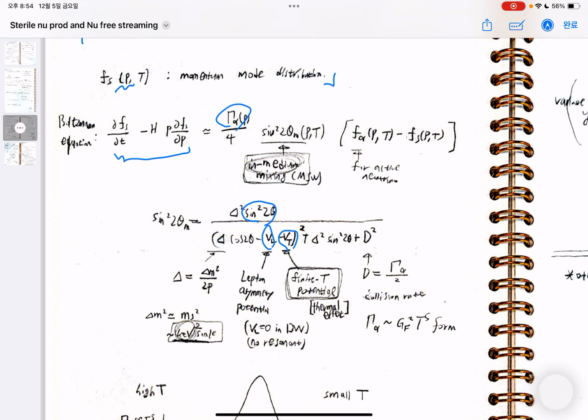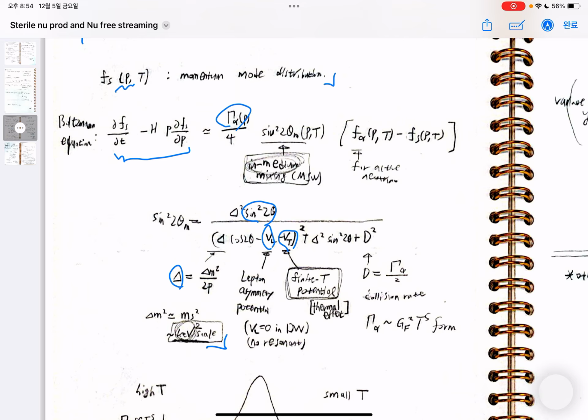But in the Dodelson-Widrow mechanism, the lepton asymmetry potential is just taken to be 0, so there's no resonance effect here. And delta is the mass-squared difference over the momentum. In such a Dodelson-Widrow mechanism with the sterile neutrino as a dark matter candidate, the scale of this heavy neutrino is a kiloelectron volt.